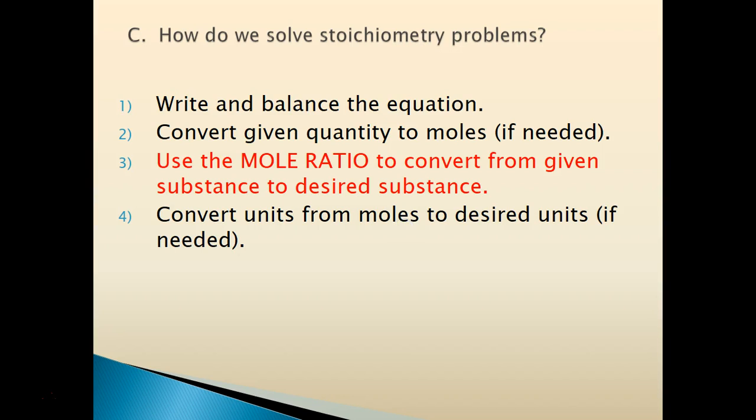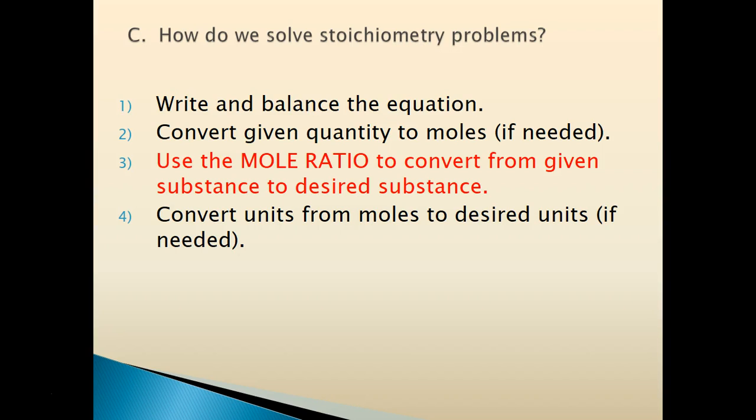Okay, moving on, stoichiometry. Stoichiometry means using a balanced chemical equation to convert one unit into another unit. So you'll be asked, you're starting with this many grams of this substance, how many grams of the other substance will form? To do this, we're going to follow the same steps every time. First, in order to do stoichiometry, we need a balanced equation.